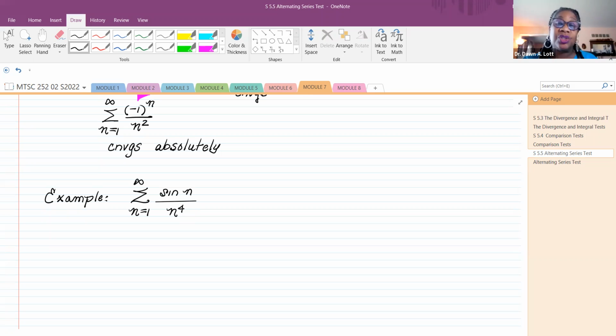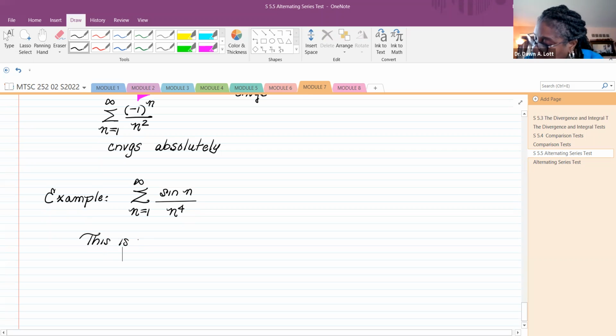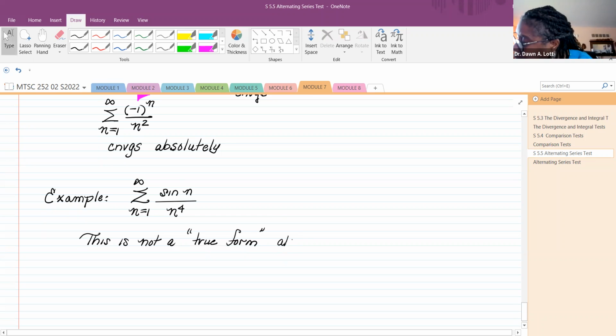So the signs do change, but it's not quite an alternating series. But I still can use the test of absolute convergence. So this is not an alternating series in true form. It's not a true form alternating series.